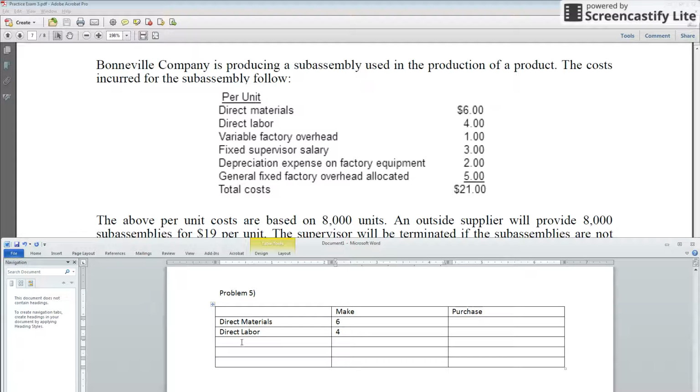We're not paying for variable factory overhead, $1. And since the question says the supervisor will be terminated, we don't pay the fixed salary for the supervisor, so the cost avoided is $3. And the purchase is only $19.